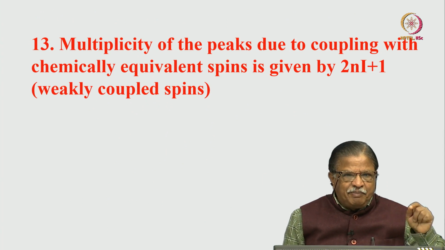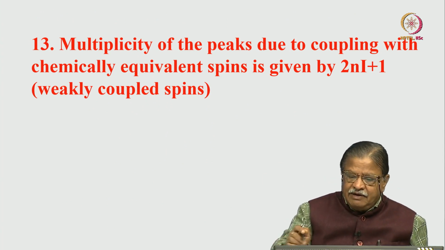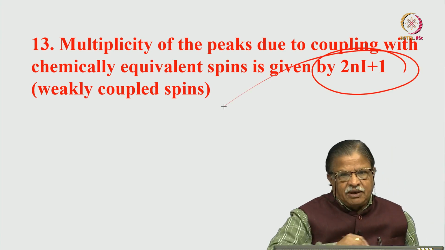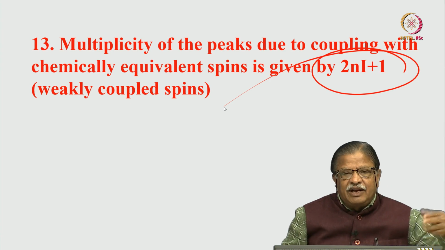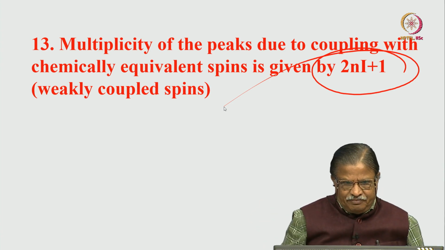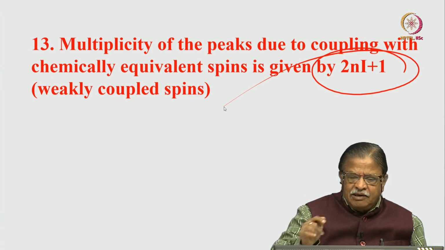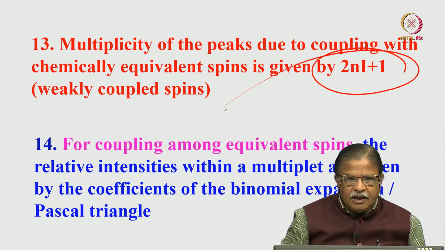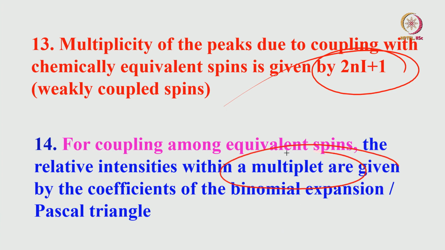The multiplicity of the peaks due to coupling with chemically equivalent spins is always given by a formula, 2nI plus 1, especially in the weakly coupled case. I will tell you what is weakly coupled and strongly coupled as we go ahead. But remember, there is a multiplicity and that multiplicity can be understood by this formula. And for coupling among equivalent spins, we can also get the relative intensity of the multiplicity.